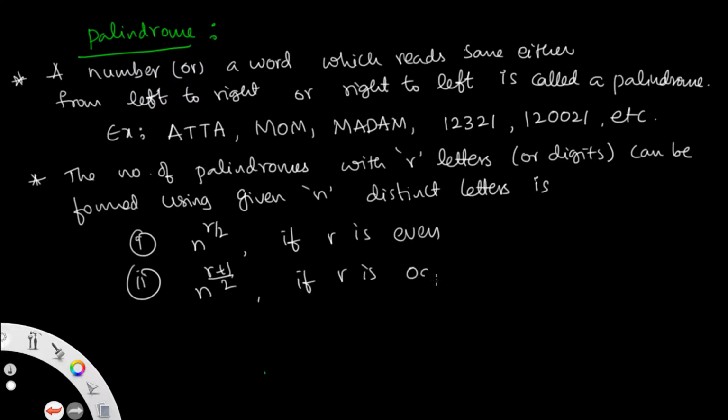Fill in the blanks: if r is even, n to the power of r by 2, and if r is odd, n to the power of (r plus 1) by 2.